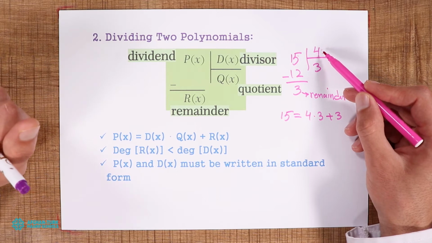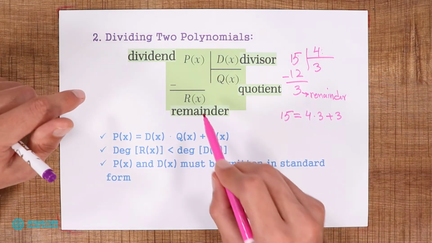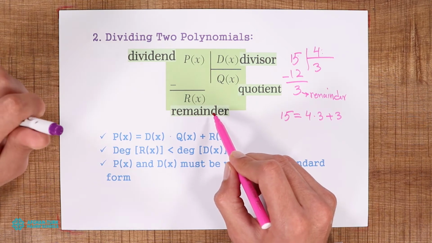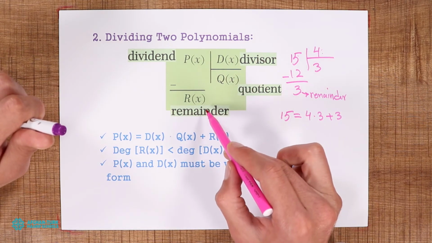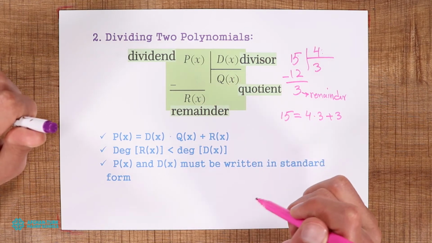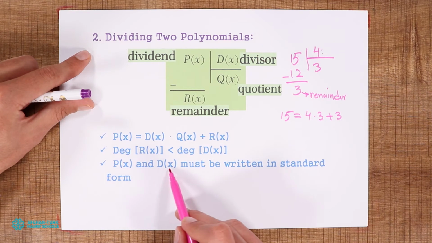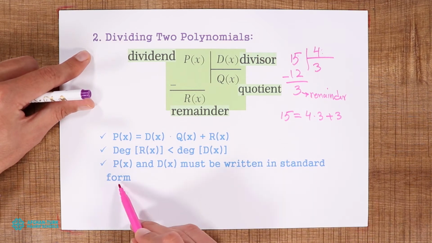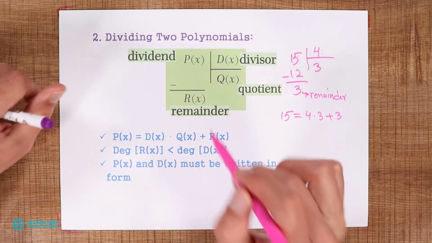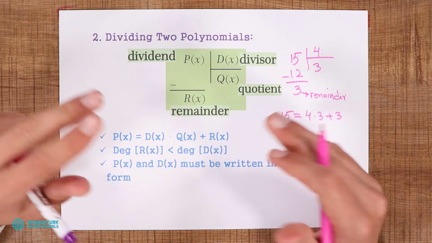Same thing for polynomials. In polynomials, the remainder must be smaller than the divisor. I mean the degree of the remainder is smaller than the degree of the divisor. And p of x and d of x must be written in complete standard form.